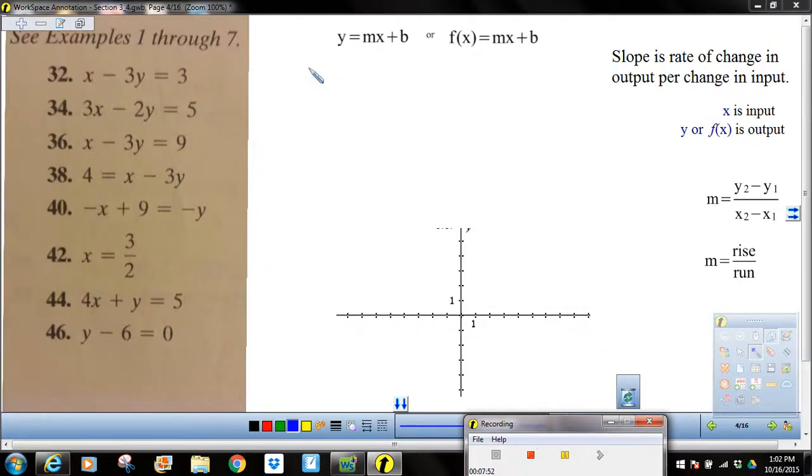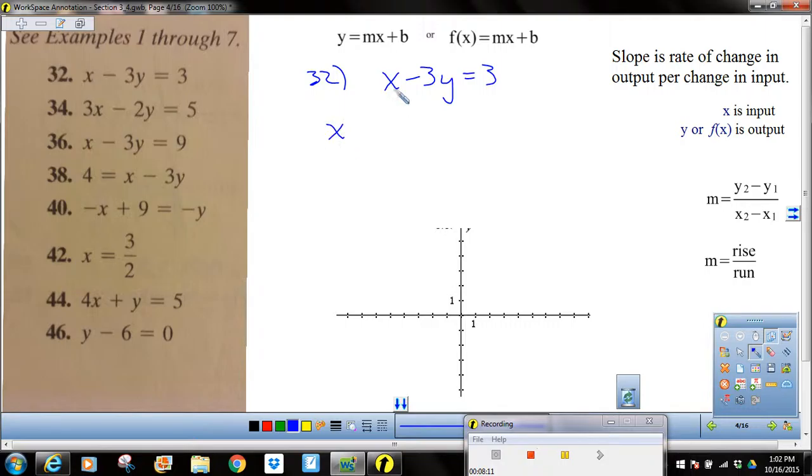On the rest of the assignment, the only instructions we had was to graph, and you know me, I prefer slope-intercept form, but I think on these in standard form, it's probably easier to just go ahead and do the intercepts, so I'm going to do them really quick. When y is 0, I'll end up with x equals 3.